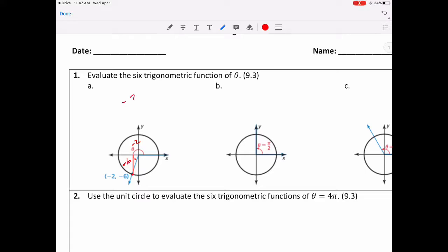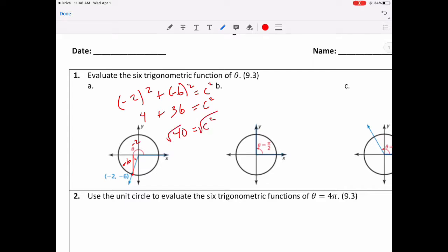Let's use Pythagorean. -2 squared plus -6 squared equals c squared to solve for our radius. Our radius is c here, so that'd be 4 plus 36 equals c squared. And then take the root of both sides.